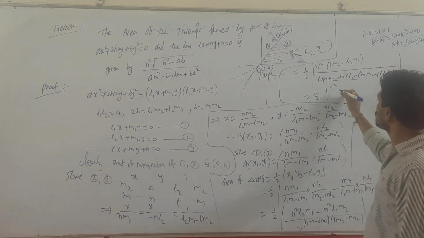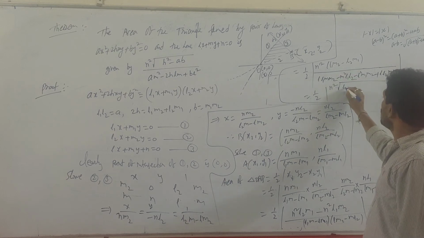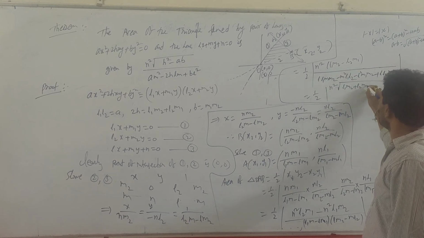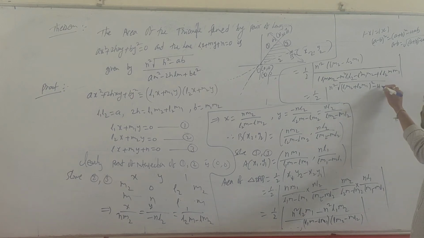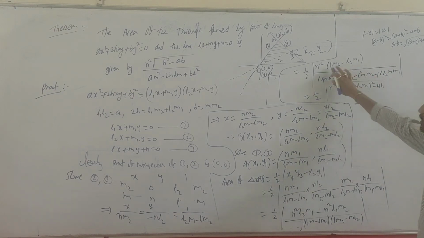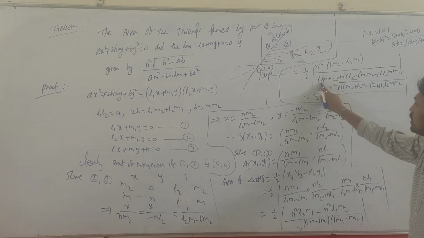See here, this is n square into what can I write? Root over L1 m2 plus L2 m1 whole square minus 4 times L1 L2 m1 m2. I am writing in order, L1 L2 m1 m2.